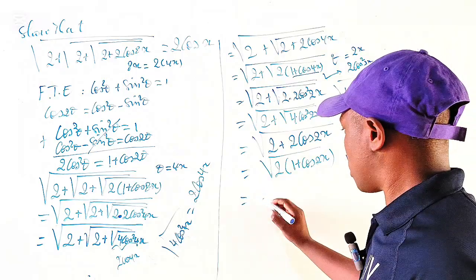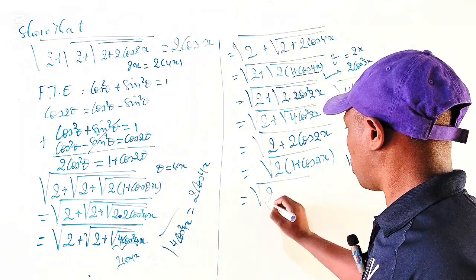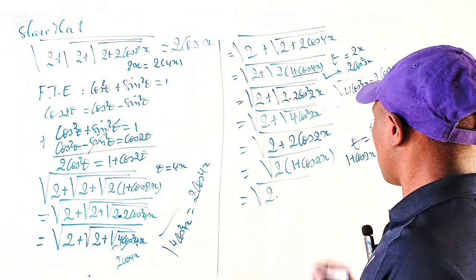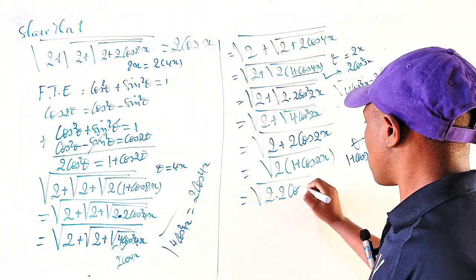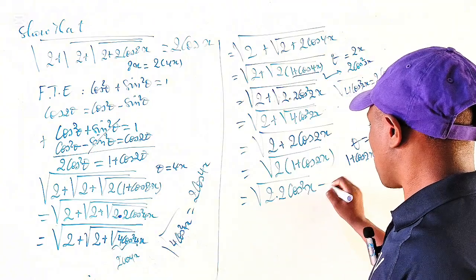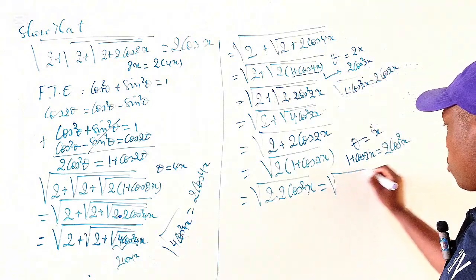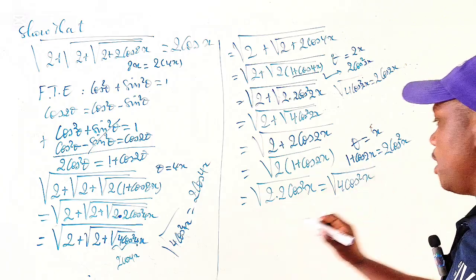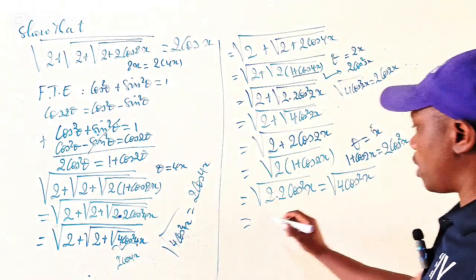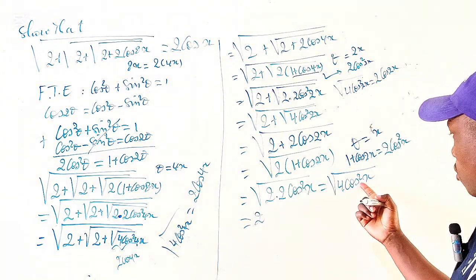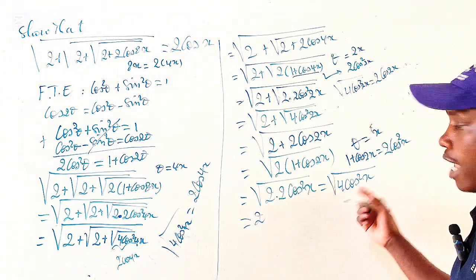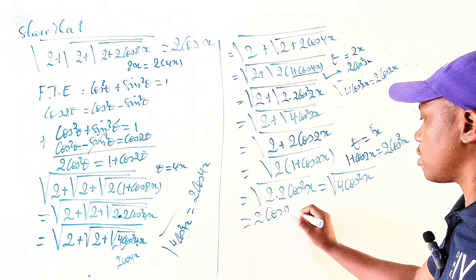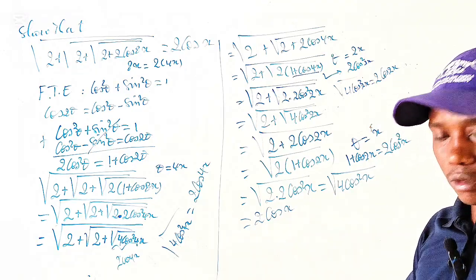Now this is the square root of 2 times 2 cosine squared x, which is the square root of 4 times cosine squared x. The square root of 4 is 2, and the square root of cosine squared x is cosine x. Now, this is the proof.